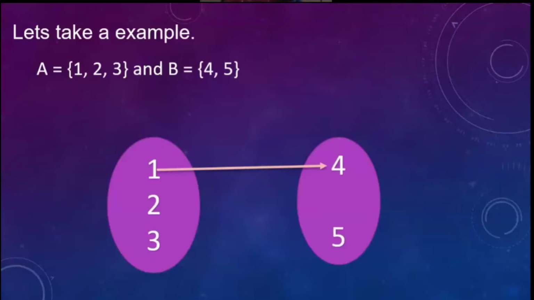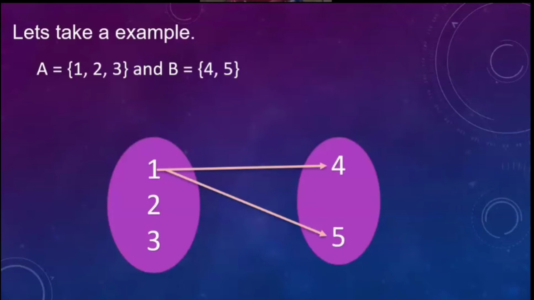Ordered pair means the first element belongs to the first set and the second element belongs to the second set. Again, the first element from the first set, that is 1 only, and the second element in the second set is 5. So the next element in the product is (1, 5). Both elements are in one bracket.